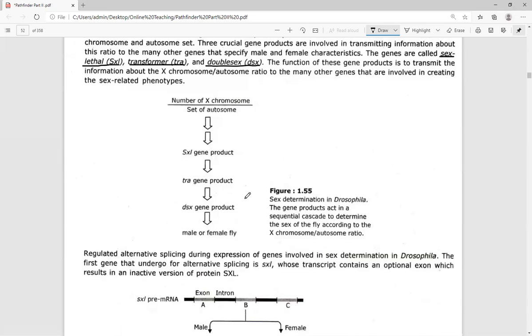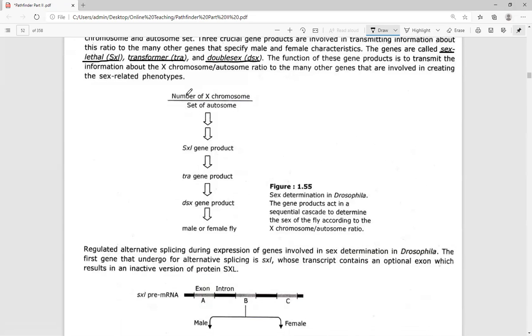Just a second. Now, sex in the case of Drosophila is determined by the genic balance theory. You know all that.